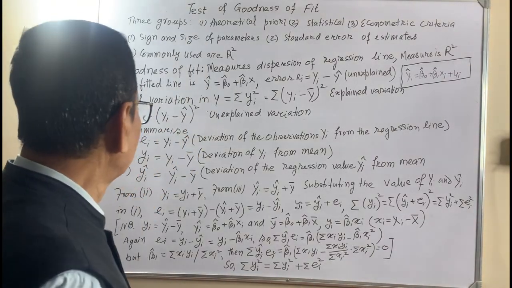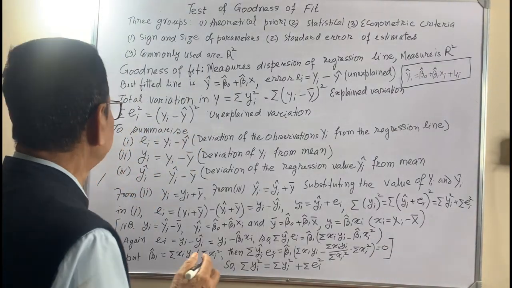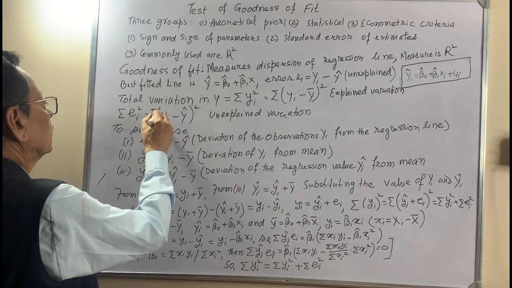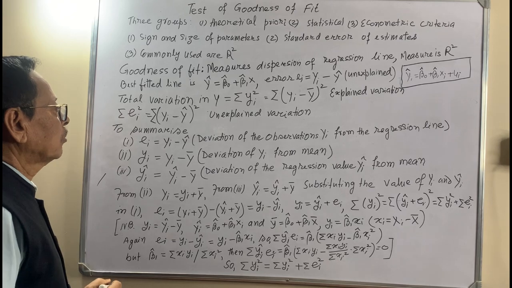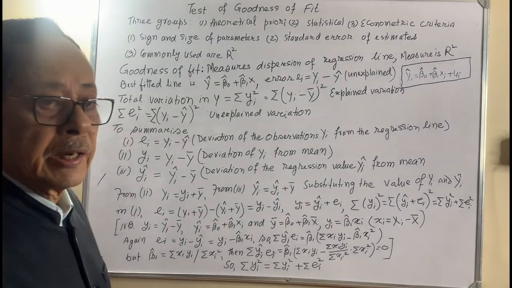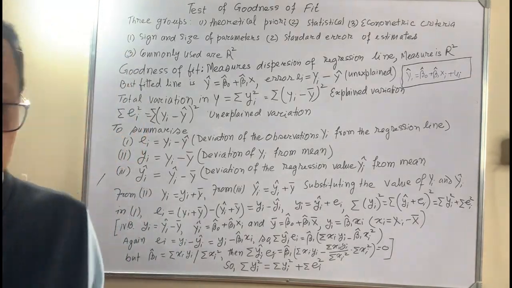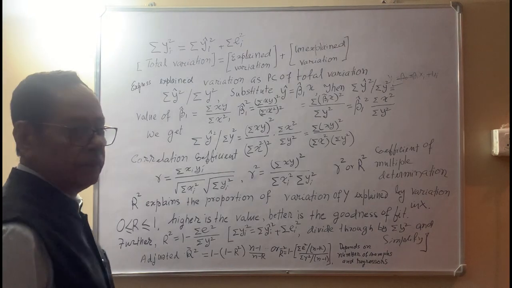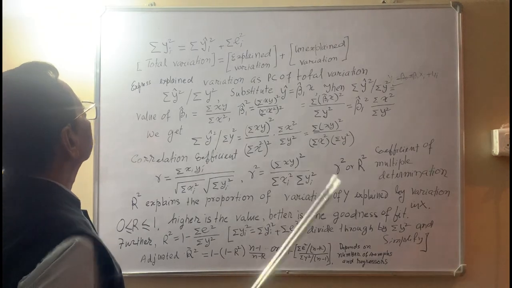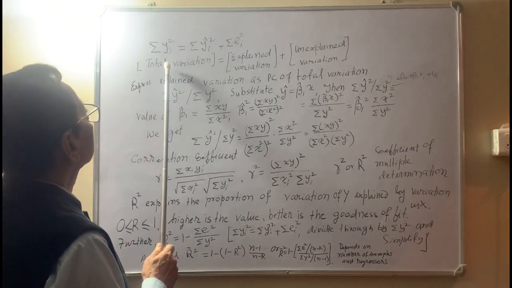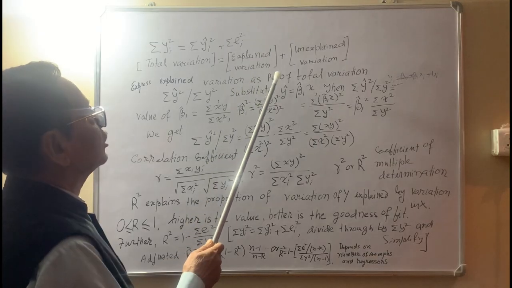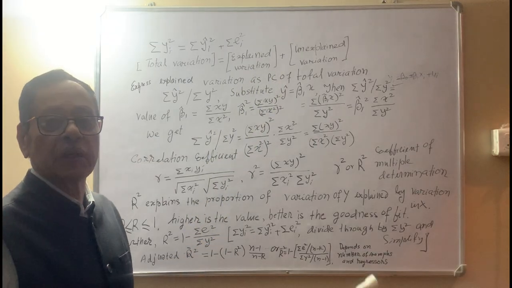There is a correction, just it was dropped. It is summation of (Y_i minus Y bar) square. So total variation is equal to explained variation plus unexplained variation.